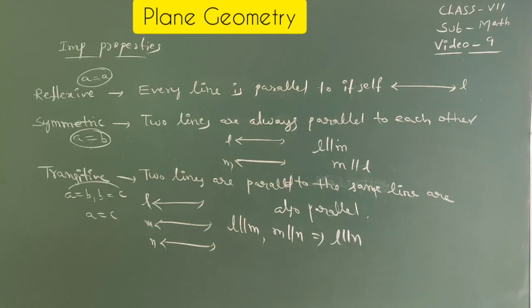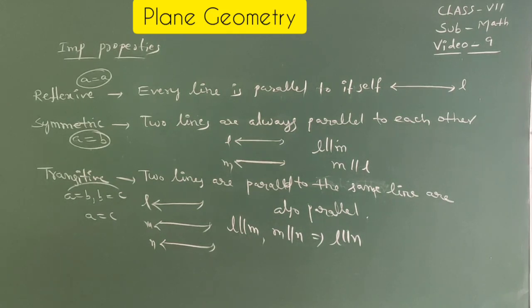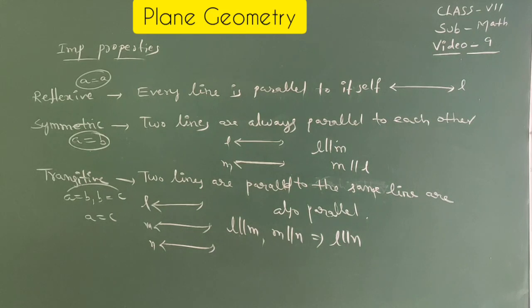These properties we proved for parallel lines and perpendicular lines. Numbers I mentioned only for checking. Every line is parallel to itself is reflexive. Two lines are always parallel to each other is symmetric. Two lines parallel to the same line are also parallel is transitive. These three properties are satisfied by parallel lines. For perpendicular lines only symmetric is true.